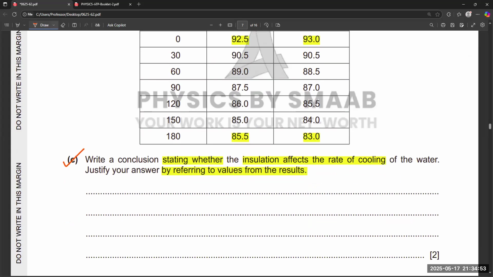For beaker A, the change in temperature is 92.5 minus 85.5, which equals 7 degrees Celsius.